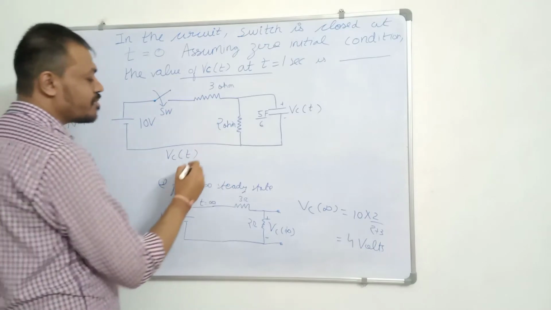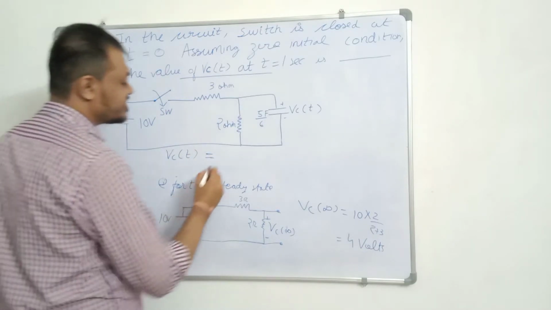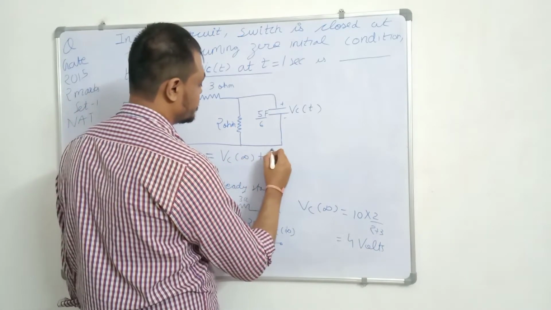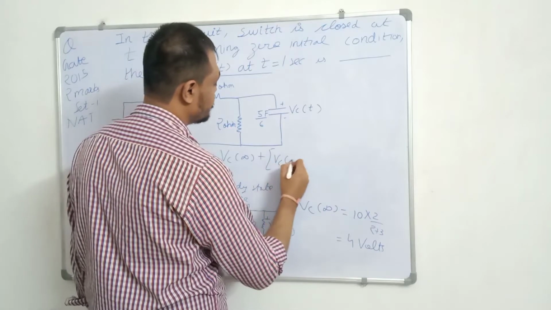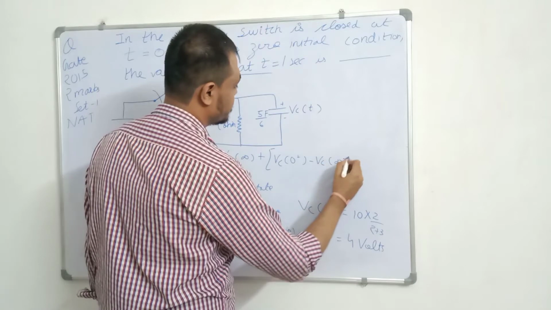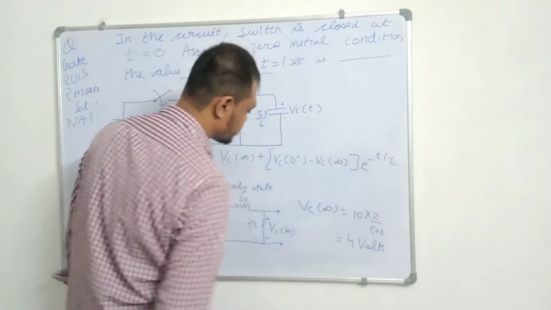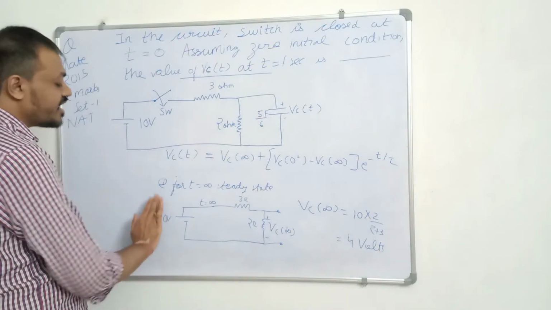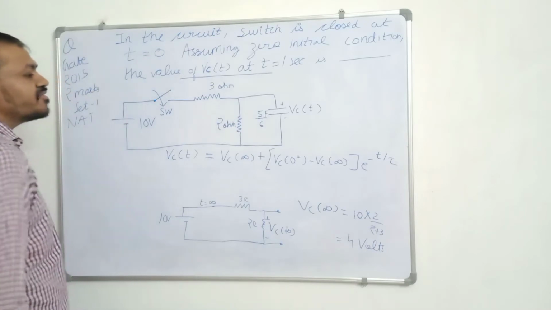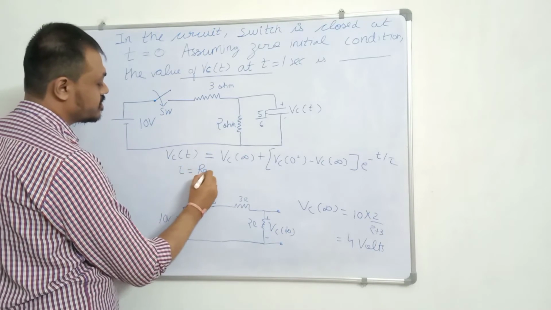This is the general formula for any quantity in transient analysis: Vc(t) is equal to Vc(infinity) plus Vc(0+) minus Vc(infinity), into e to the power minus t by tau. Here we have to find the tau. So tau is equal to R equivalent into C.